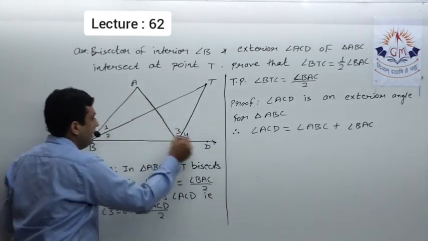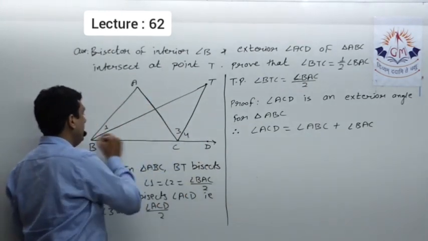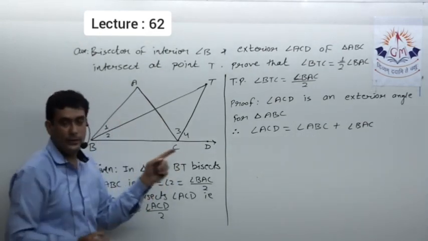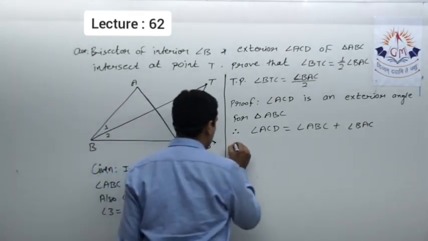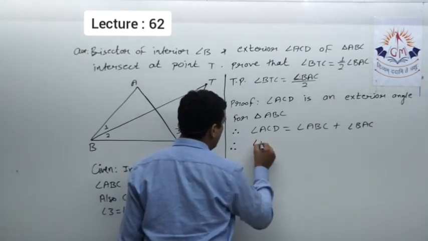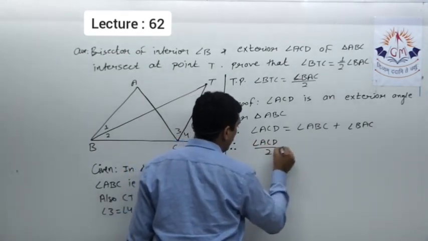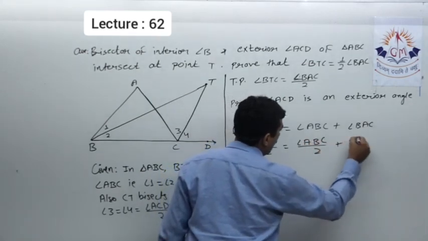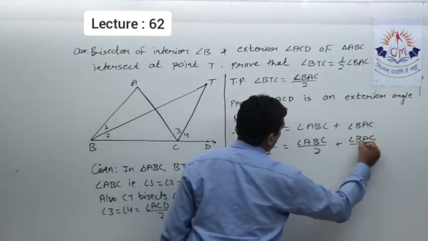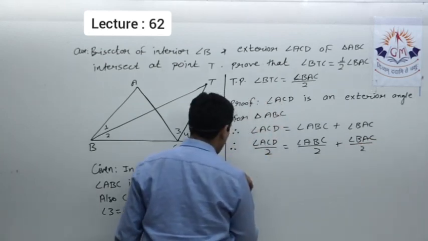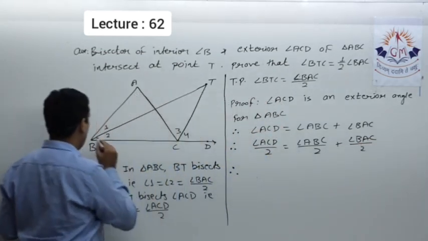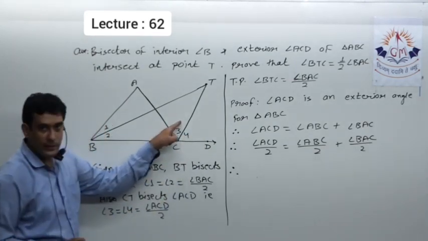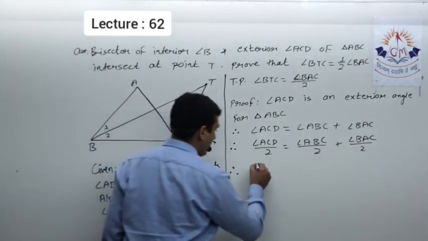Now if I divide the equation throughout by 2, angle ACD by 2 can be written as either angle 3 or angle 4. So here I am writing angle 4.